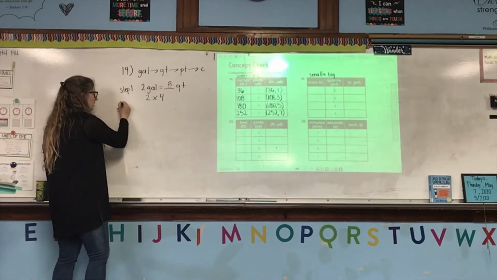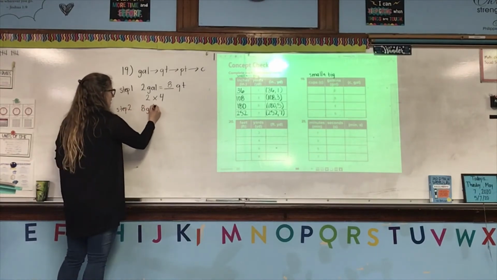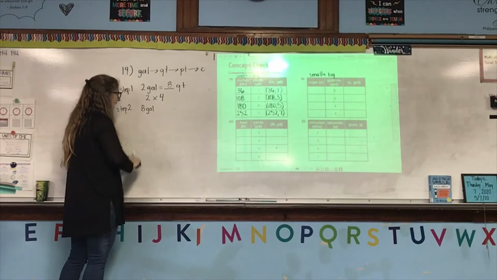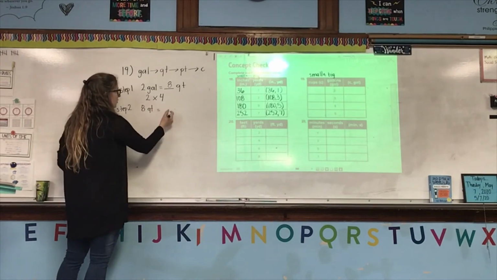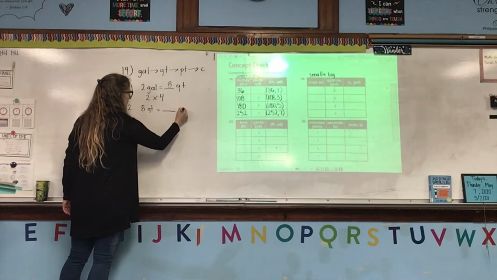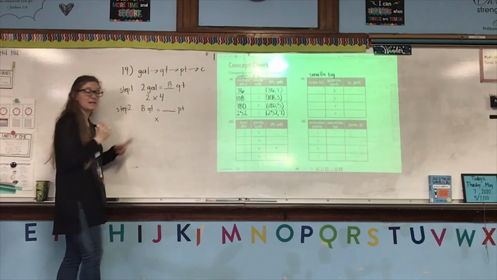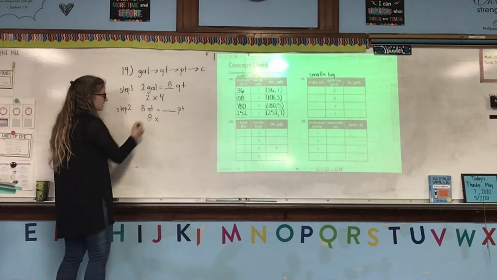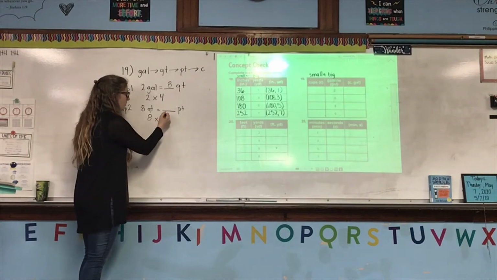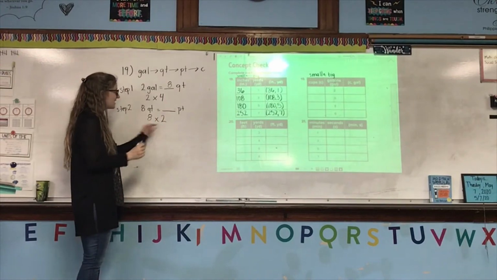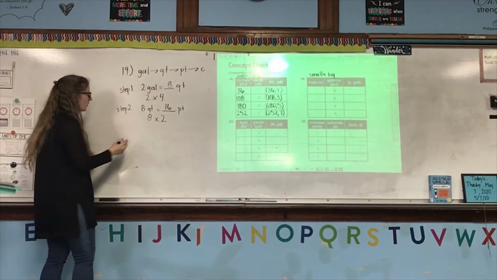So step 2, I have to figure out how many pints are in 8 quarts. Again, I'm going from big to small, so I'm going to multiply. I start with what I know, which is 8. I'm going to multiply it by the number of pints in a quart, which is 2. 8 times 2 is 16. So that means there are 16 pints in 8 quarts.